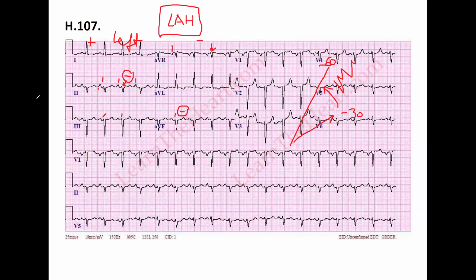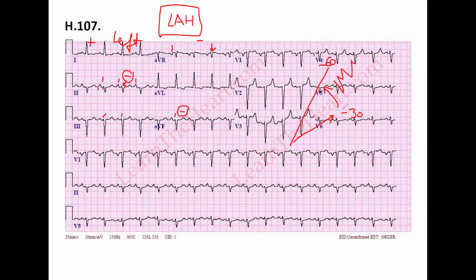Because we can't see any other pathological signs, this is why you are ruling out the other causes. Those things that I mentioned, you can see as other signs. If you do see a pathological Q wave in an inferior lead, immediately you can say that this is due to inferior MI.